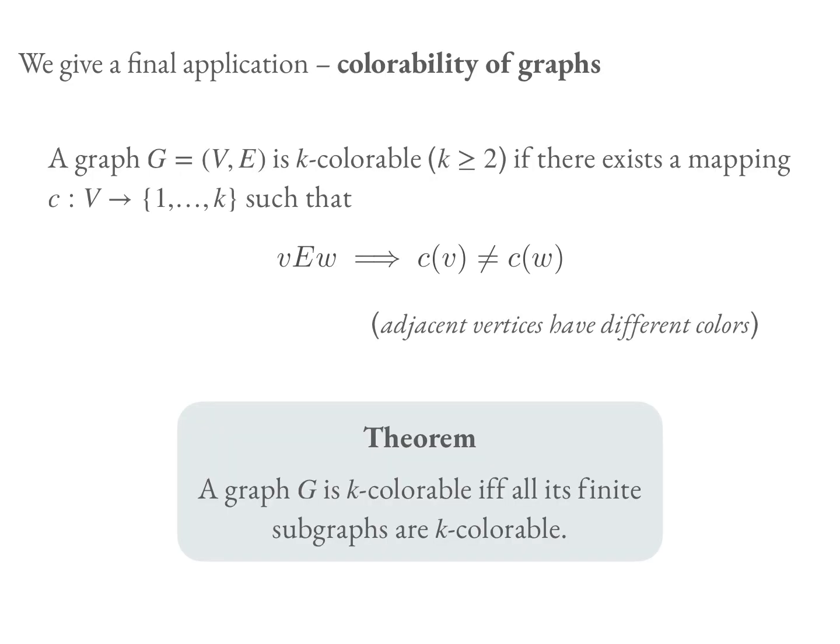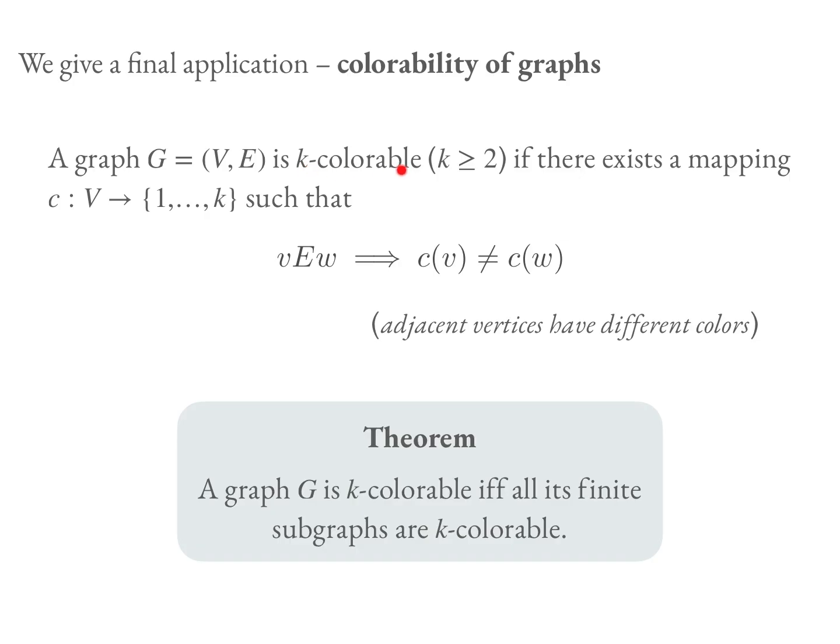The final application we want to give here concerns colorability of graphs. So let's say we have a graph, which is just a pair of a vertex set and an incidence relation. So let's assume we have simple graphs. So this is a symmetric relation.